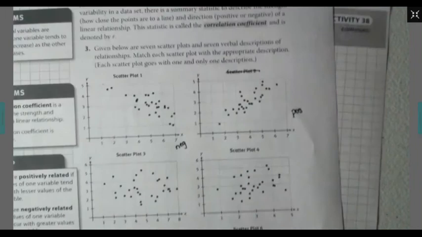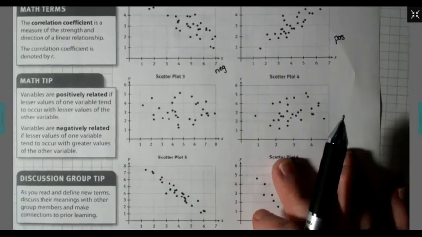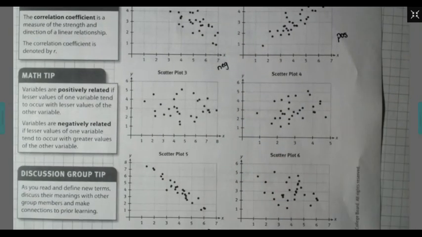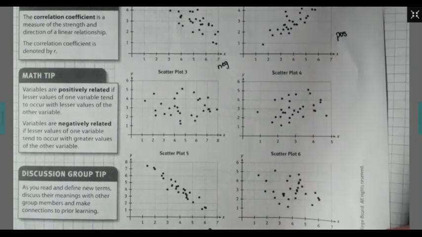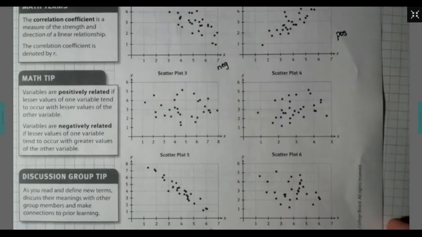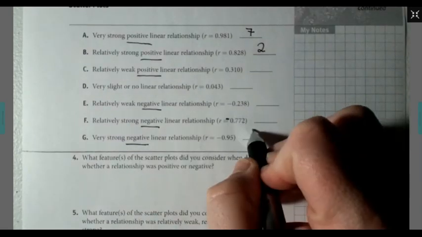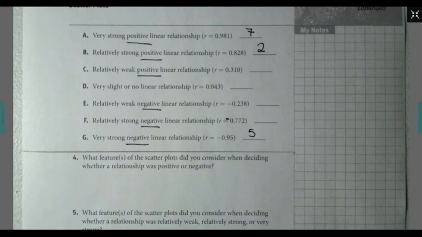Now I've clearly identified 2 negatives that I can clearly see, 1 and 5. Of those 2, which one would you say is the stronger linear relationship? I agree. I think scatter plot 5 is stronger. So I'm looking for strong negative. Well, strong negative is G, so we're going to say that was scatter plot 5.